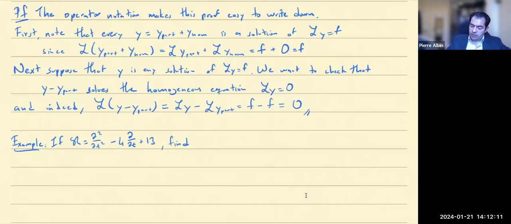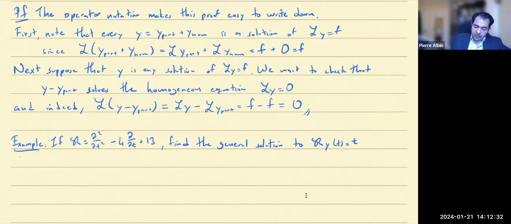Suppose that's R, then we want to find the general solution to the equation R of y evaluated at t is just t, right? So here our forcing function is just the function t.